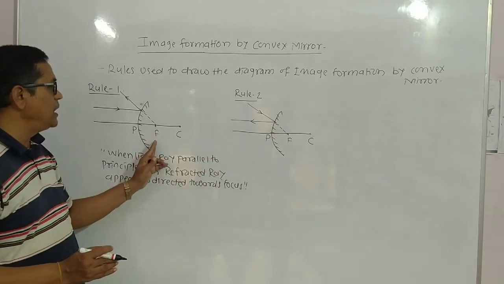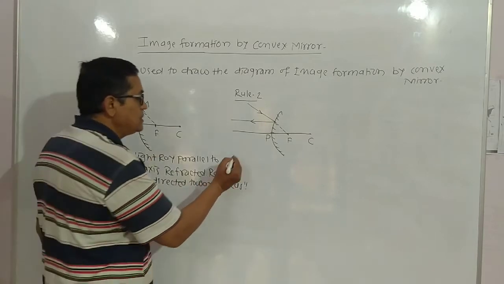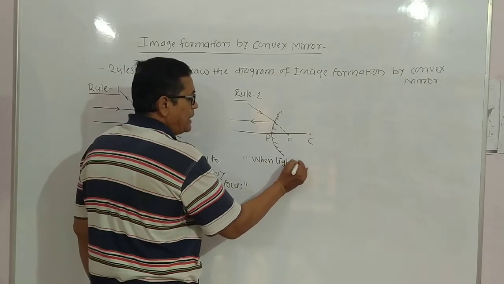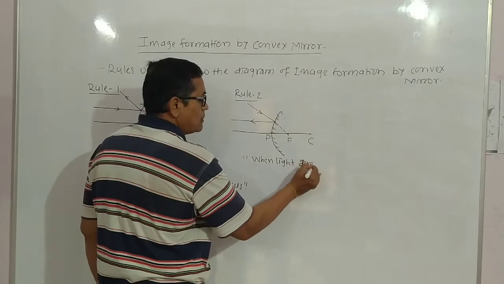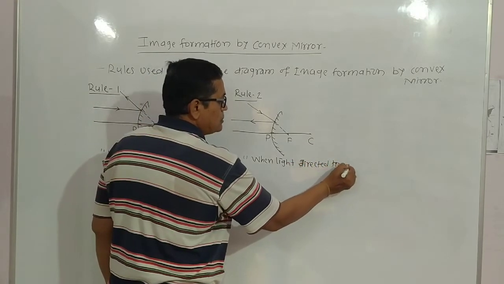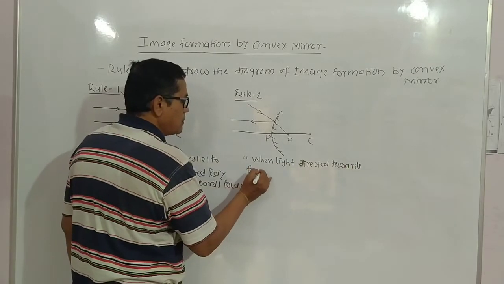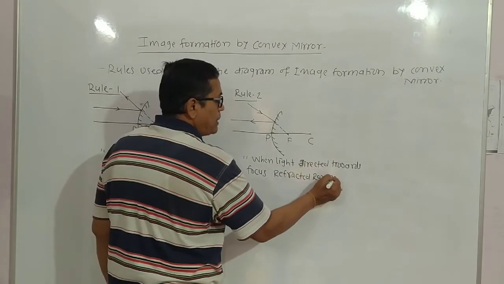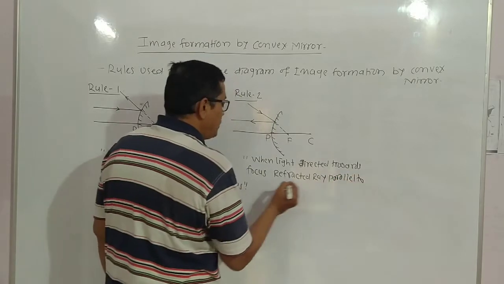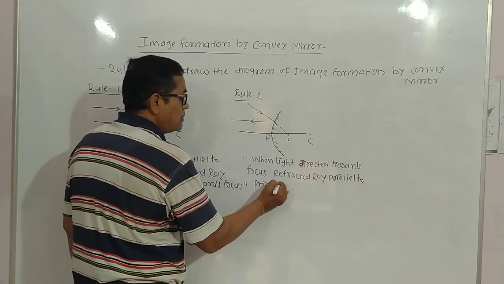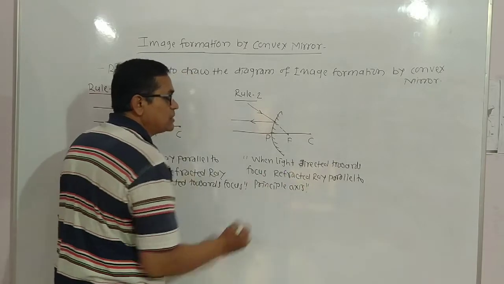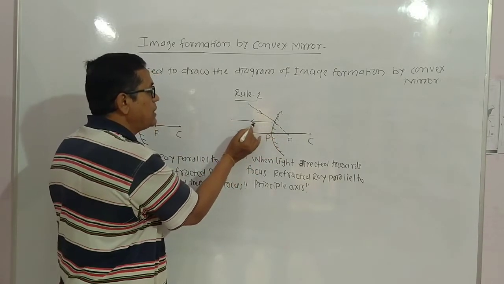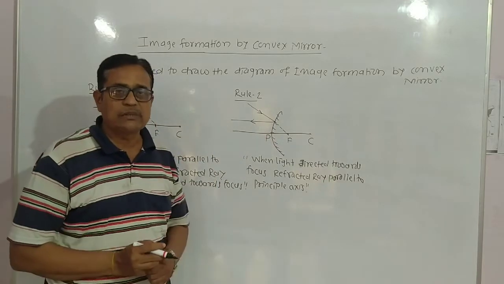Rule number two is exactly opposite to rule number one. Means when a light ray is directed towards the focus, the reflected ray is parallel to the principal axis. That is rule number two.